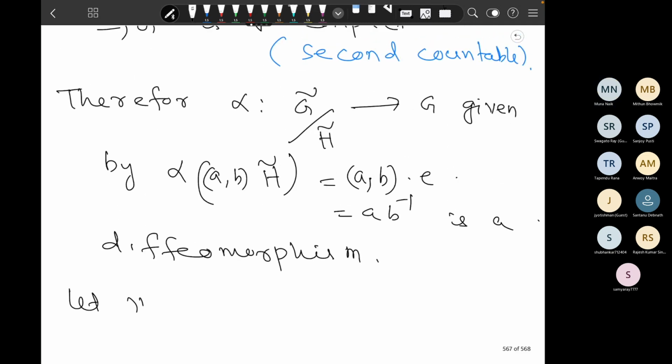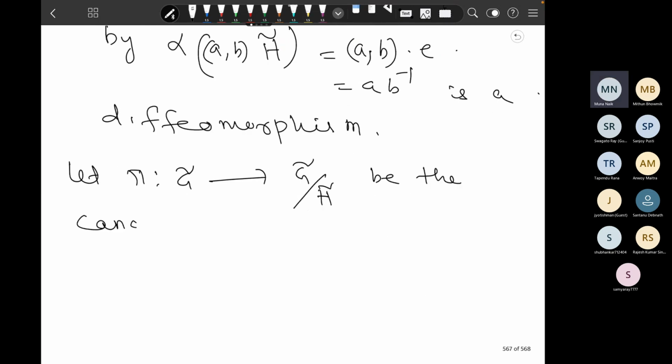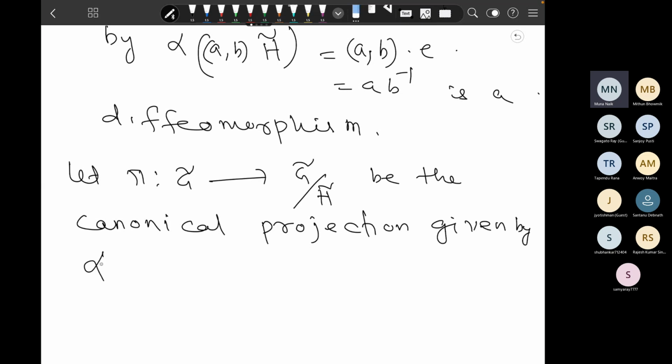So let pi from G tilde to G tilde by H tilde be the canonical projection, given by pi of (A, B) is really (A, B) H tilde.